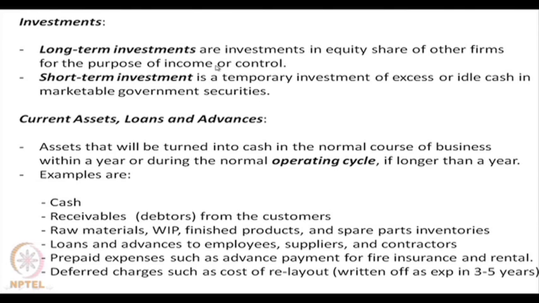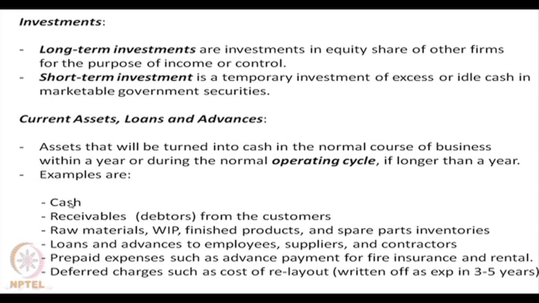Now, current assets. Current assets we already mentioned as cash, receivables, raw materials, work in process, finished products and spare parts, advances paid to the employees, suppliers and contractors, advance payments for fire insurance and rental, prepaid expenses paid, and deferred charges such as cost of re-layout written off as expense in 3 to 5 years.